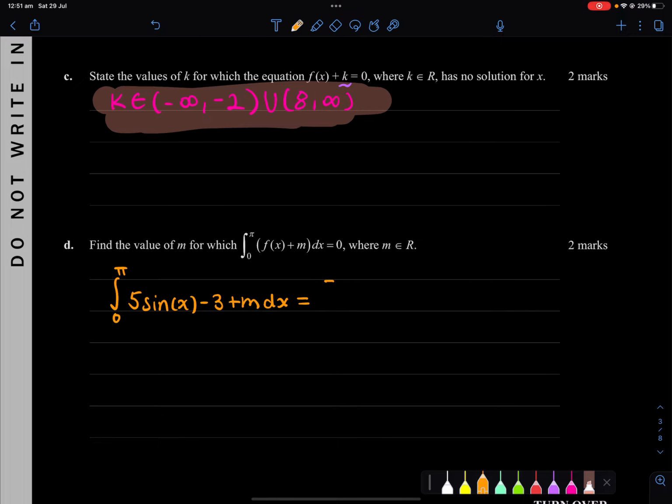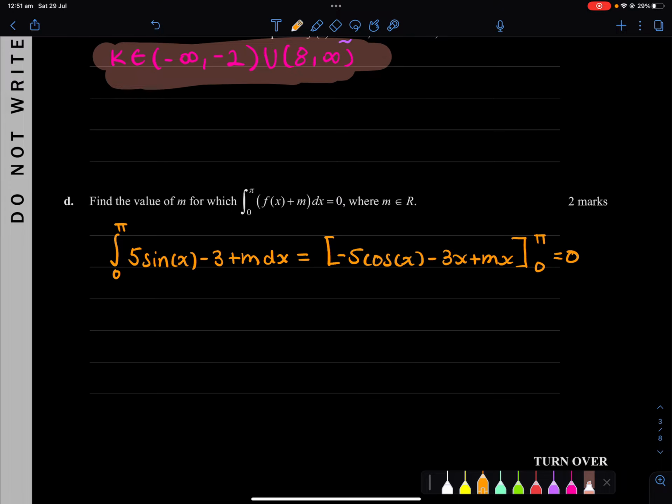This equals, if we put the small bracket, negative 5 cos of x minus 3x plus mx from 0 to pi, which is equal to 0.